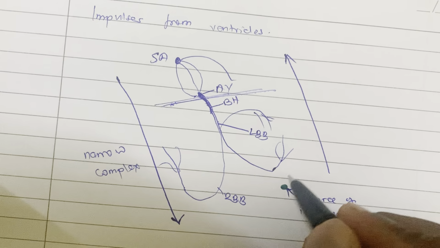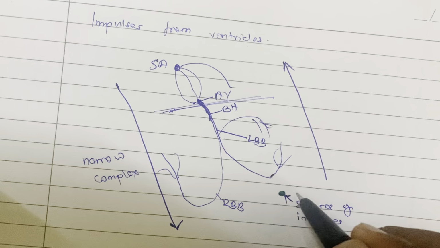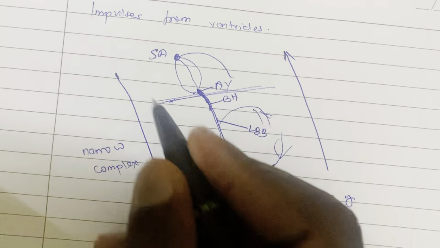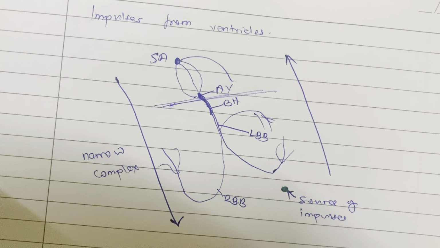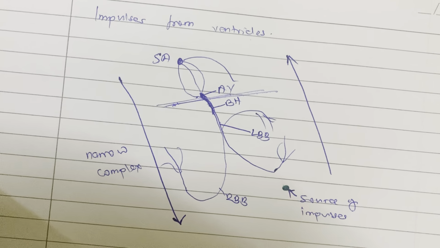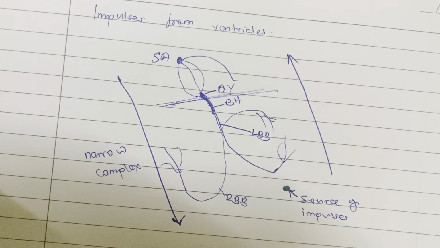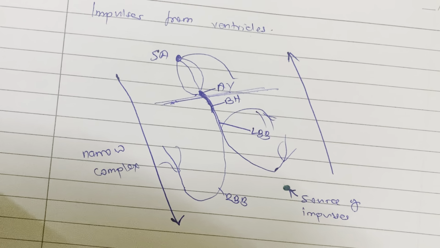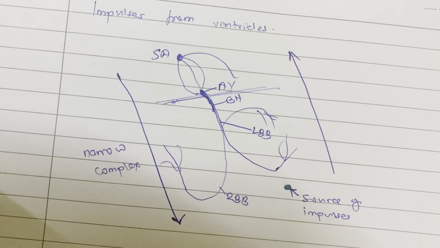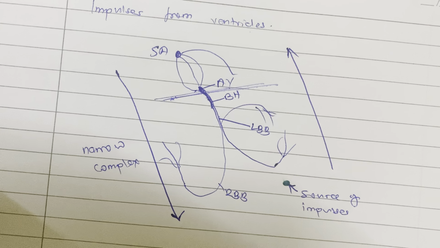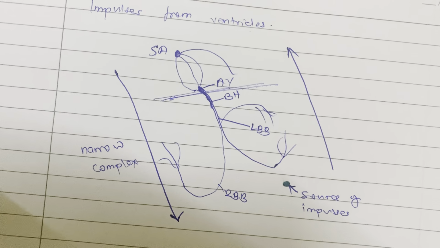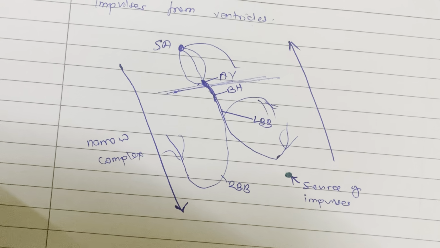These impulses will move from this side to this side going upwards. So that one will be against the normal conduction path. Whenever impulses move against the normal conduction path, they will move slowly and produce a wide complex because they are moving slowly.